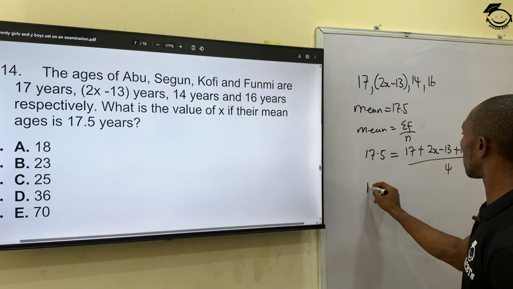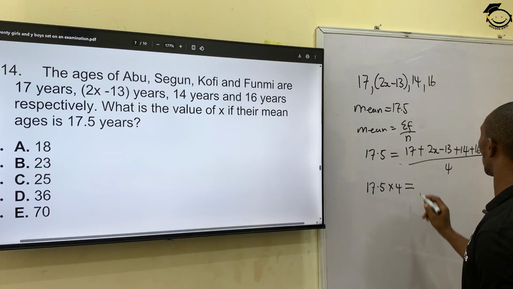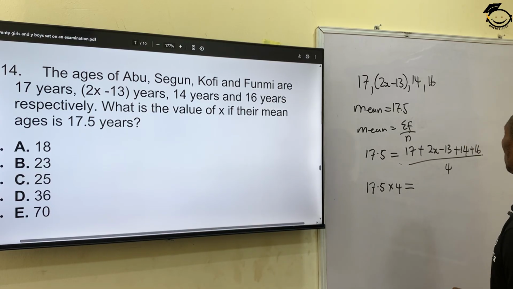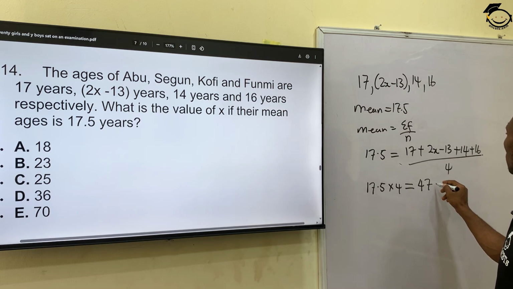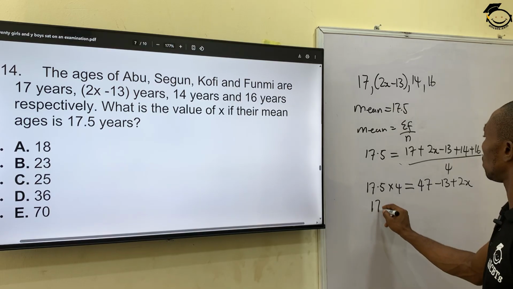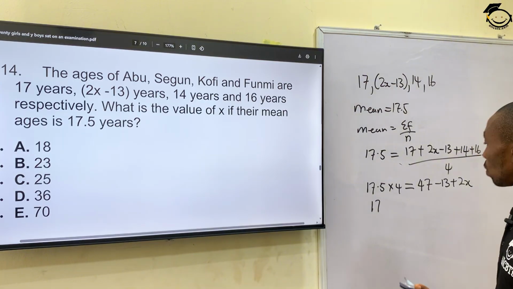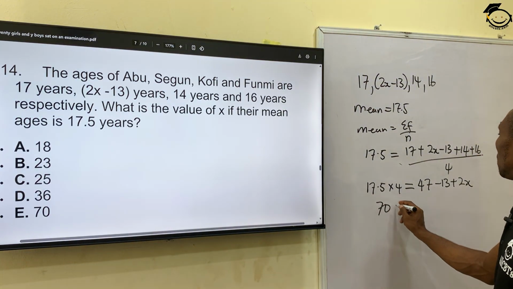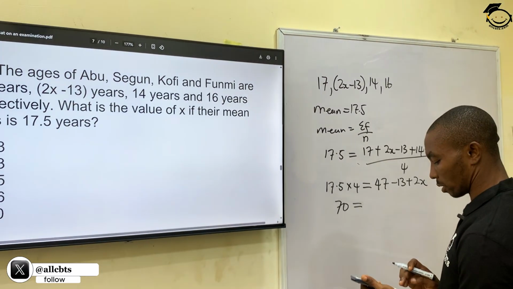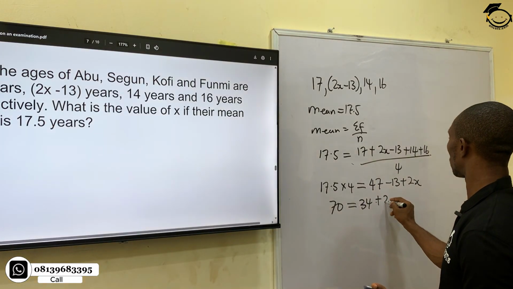Okay, so cross multiplying, 17.5 times 4, which is 70, equals 30 plus 17, which gives us 47, minus 13, plus 2x. 47 minus 13 will give us 34 plus 2x.